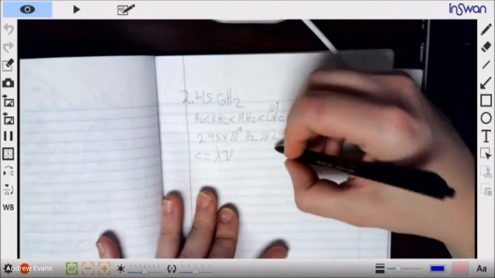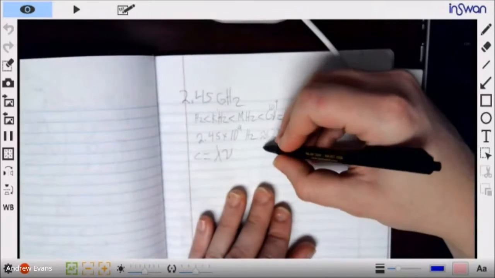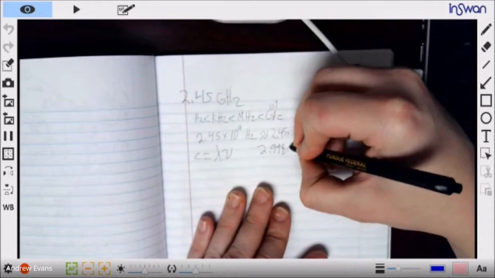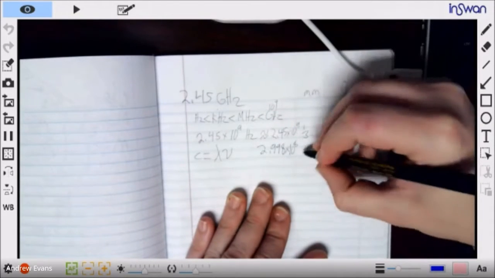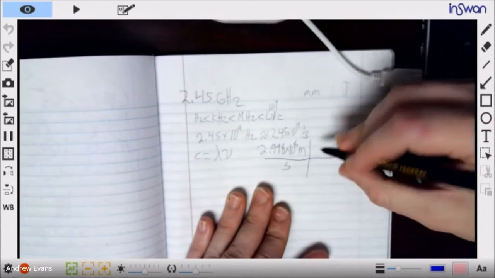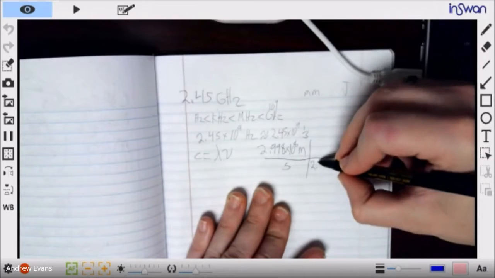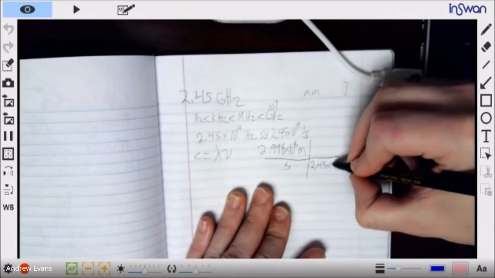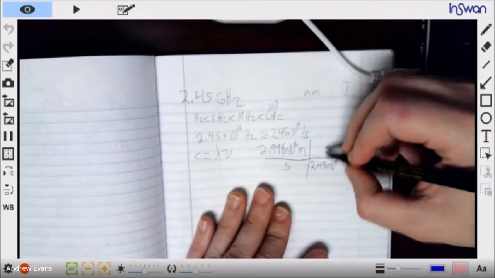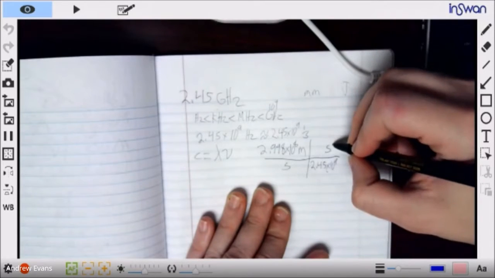So c is 2.998 times 10 to the 8th meters per second, and dividing by our frequency, 2.45 times 10 to the 9th inverse seconds, seconds cancel out.